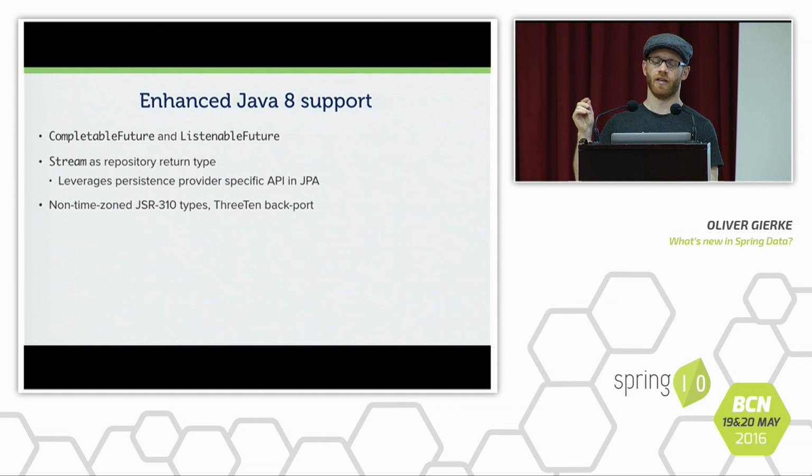ListenableFuture is the Spring equivalent of the former. Got that. And the other thing, Java 8 specific, especially the mapping of JSR 310 date time types, has been an issue with Hibernate generations before 5.0.